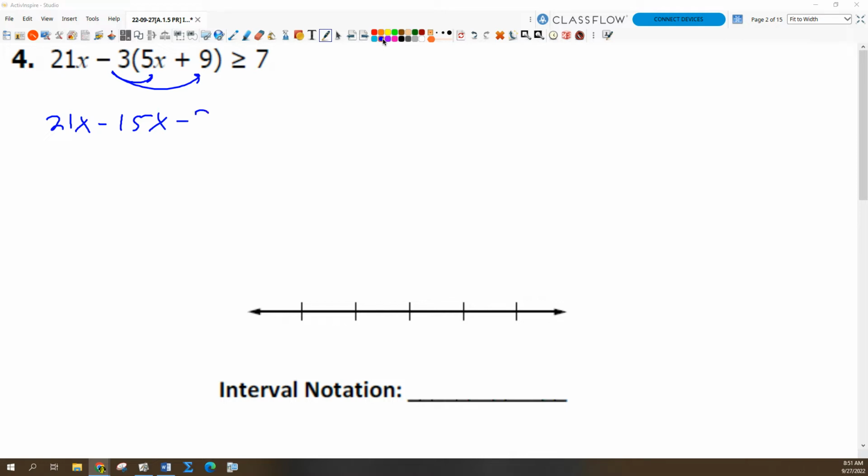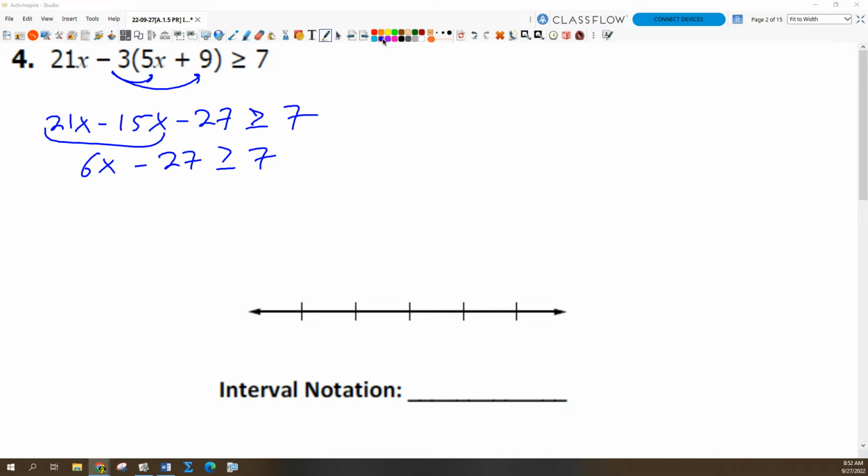Okay, good. So minus 27. Does that make sense? Is greater than or equal to 7. Let's combine like terms. Everybody, what's 21x minus 15x? 6x. So I've got 6x minus 27 is greater than or equal to 7.